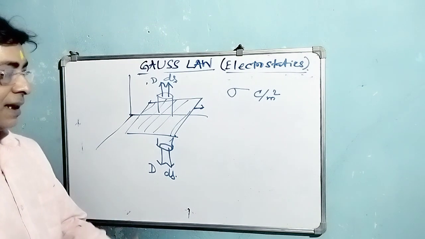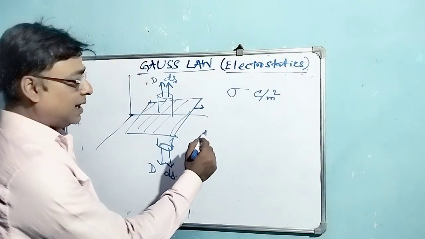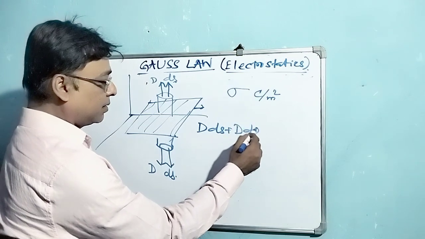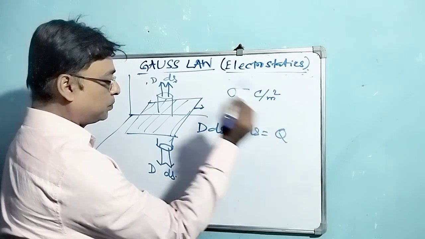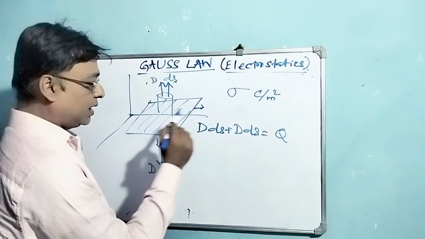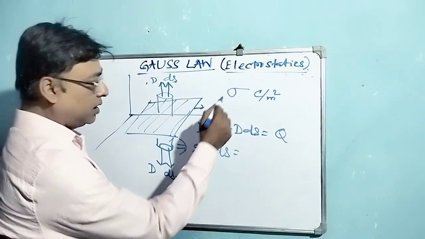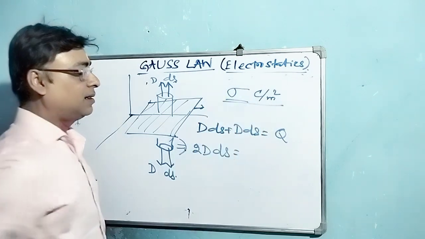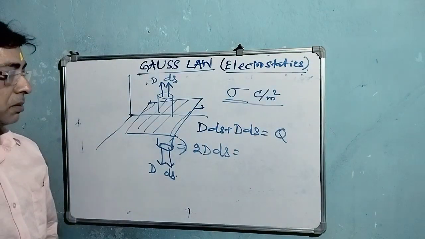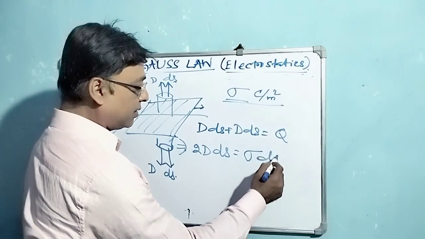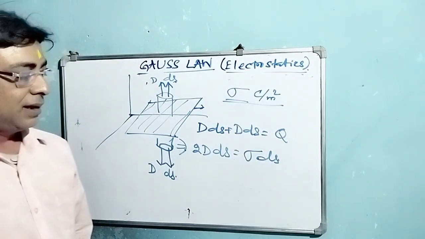Now if we apply the Gauss law, we can write D dS plus D dS is equal to Q. Now from that we can write 2 D dS is equal to Q, and we have taken the charge density to be sigma coulomb per meter square. So if we multiply sigma with the dS, we will be getting the charge.